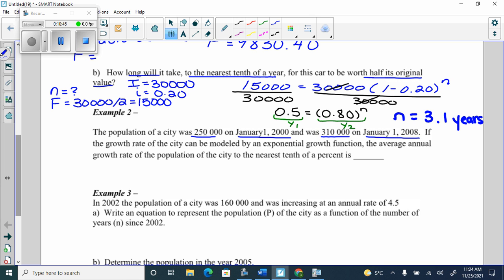Right, because it happens in 2000, and the other one's 2008, which is later. So my initial is 250,000. My final is 310,000. What else did that give me? Years. What's it going to be? 8, yeah. 2008 minus 2000.